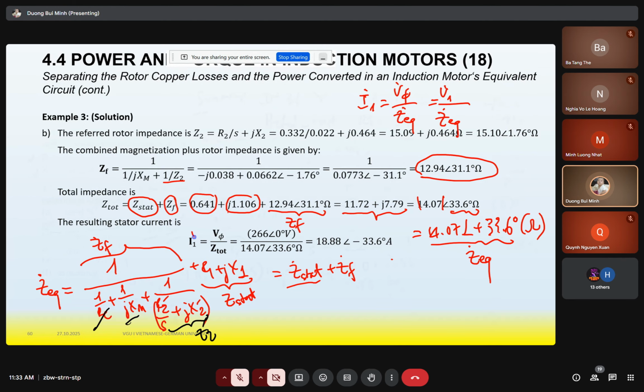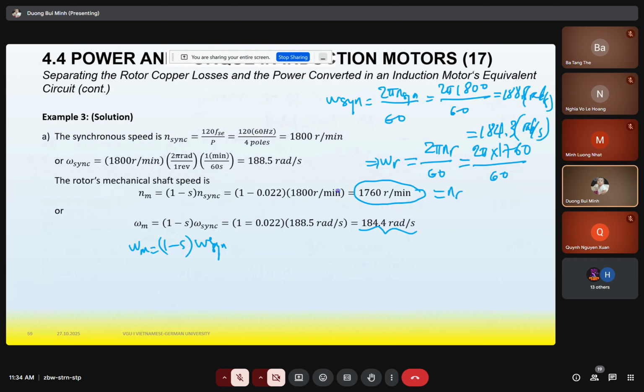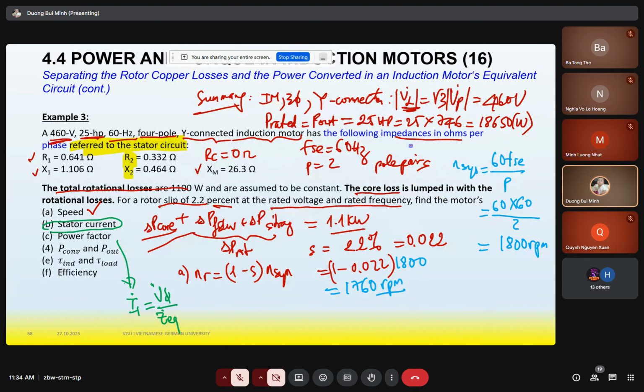So you can get I1. V1 is the phase voltage, but at the beginning this is line voltage, right? We can easily determine the phase voltage: phase voltage is line voltage over square root of 3.